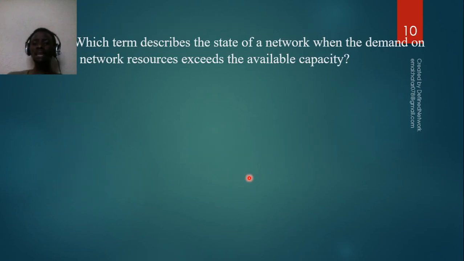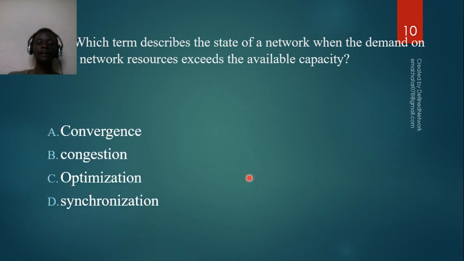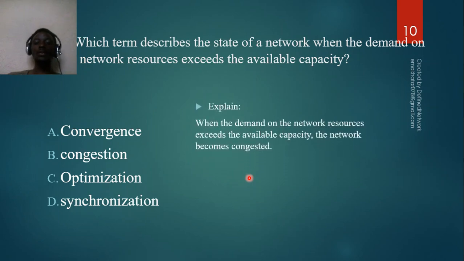Which term describes the state of a network when demand on the network resource exceeds the available capacity? Convergence, congestion, optimization, synchronization. When the demand on the network resource exceeds the available capacity, the network becomes congested.